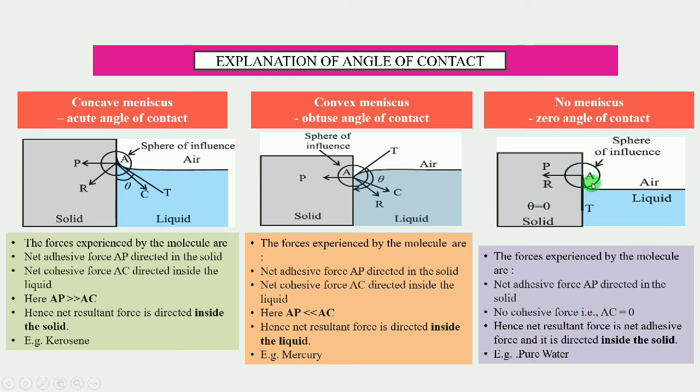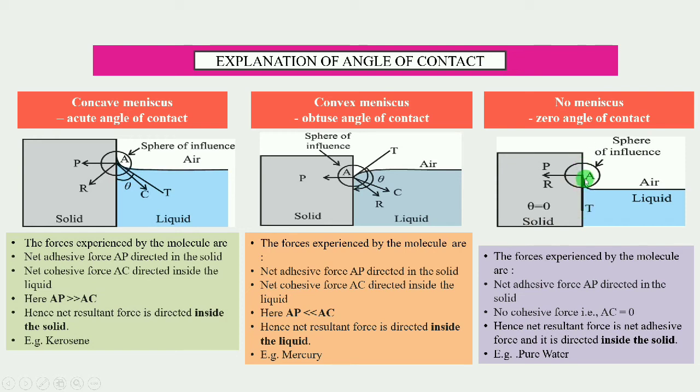For this case, as it is fully wetting the solid, what does it mean? The adhesive force is so strong and the cohesive force is so small, so you will neglect the cohesive force in comparison with the adhesive force. So only a single force we consider at the point of contact at molecule A. That single force will be the AP vector, which is the resultant vector AR. When you consider AR, you will draw the normal to the AR.